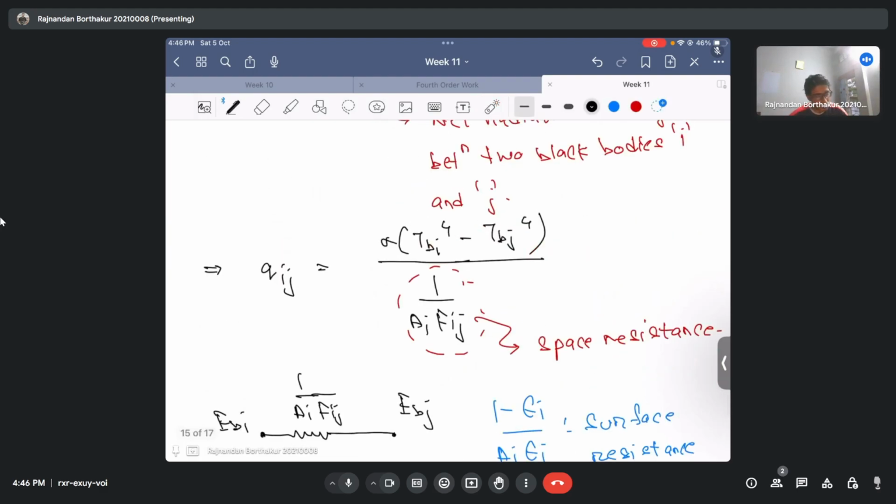This can equally be written as sigma times EBI minus EBJ, with no fourth power now, divided by the space resistance, which is 1 by AI Fij.